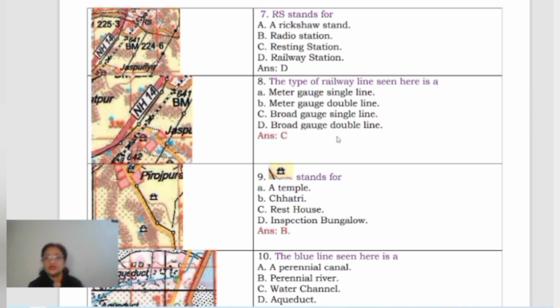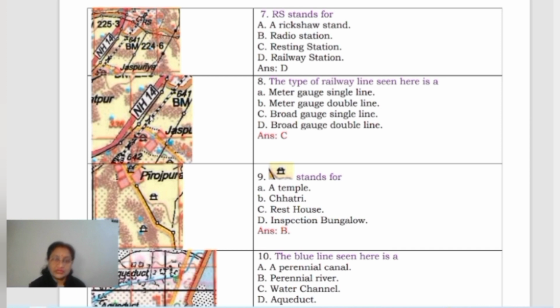Now come to the next one. A type of railway line seen here is. What type of railway line is this? Once again I will tell you children, this is a broad gauge single line. We have already discussed this in detail in the earlier videos related to conventional symbols.